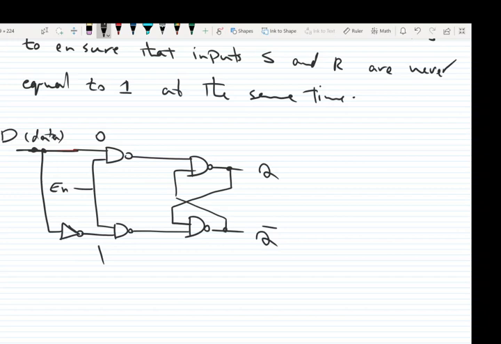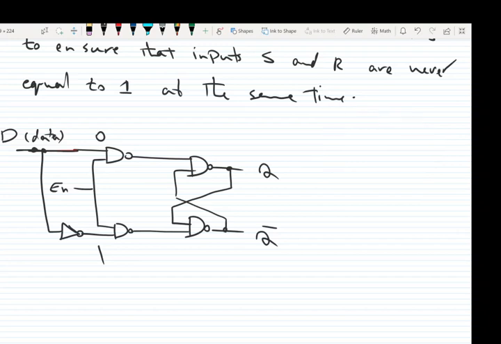Also, we are not going to have the condition 0 0 because D is complemented here, but there is no problem with removing the condition 0 0. The problem was the condition 1 1, which takes the circuit to the undetermined state.